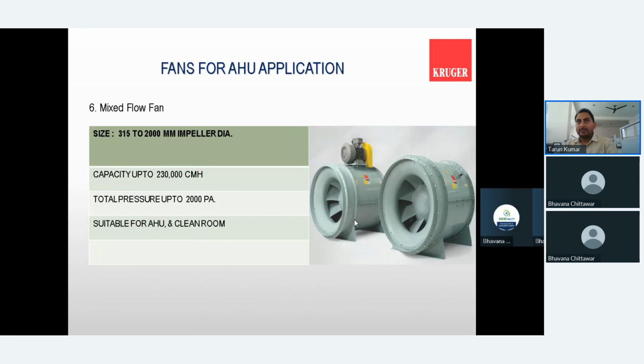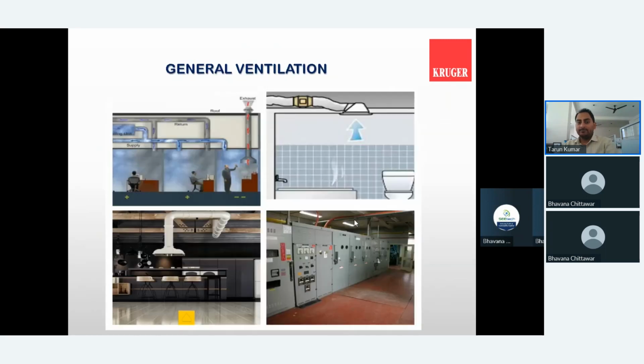So there is a major difference, because as you are aware, in a kitchen exhaust fan your temperature is more than 80 degrees, where very few motor manufacturers make motors for 80 degree continuous operation. At that point of time, we preferably go with the bifurcation mode, where the motor is bifurcated from the airflow path to safeguard the motor, because the motor is the weakest part of the fan.